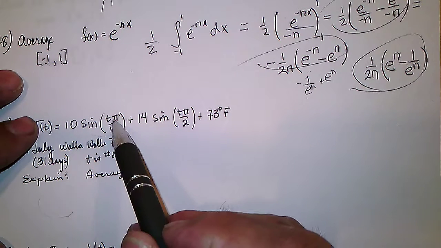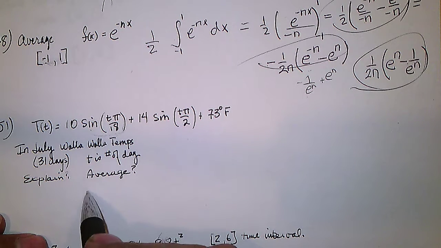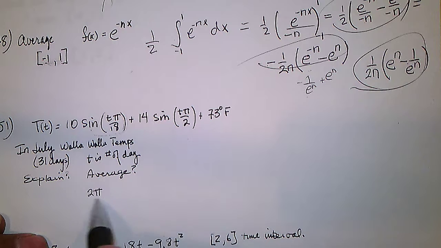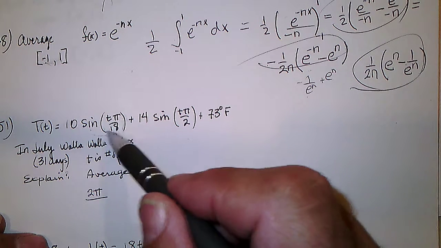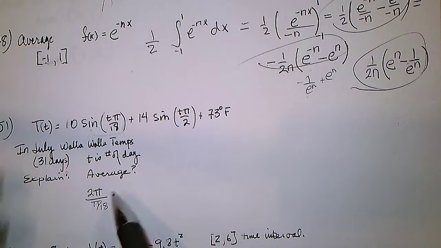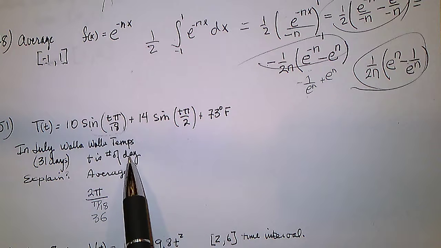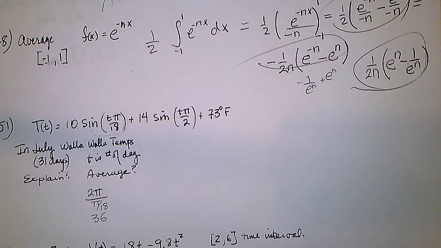Well, if you remember your 154, the period is the normal period of sine, 2 pi, divided by what's times the variable, which is pi over 18. So the pi's cancel. If you invert and multiply, you get 36. So this one has a period of 36, which is about a whole month long. T is days, and so this is 36 days.